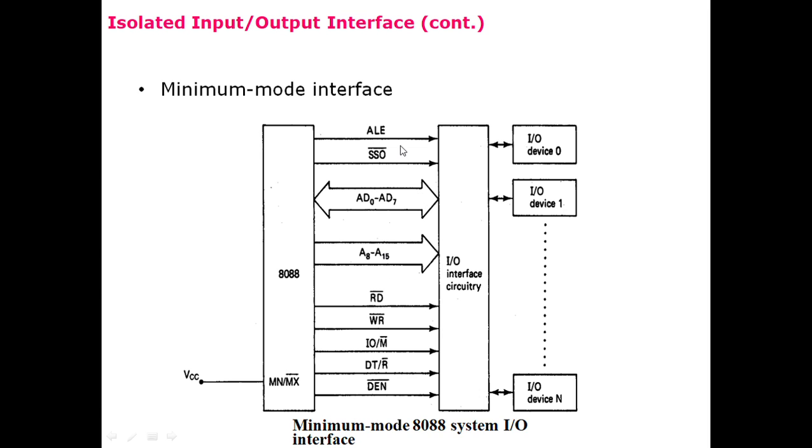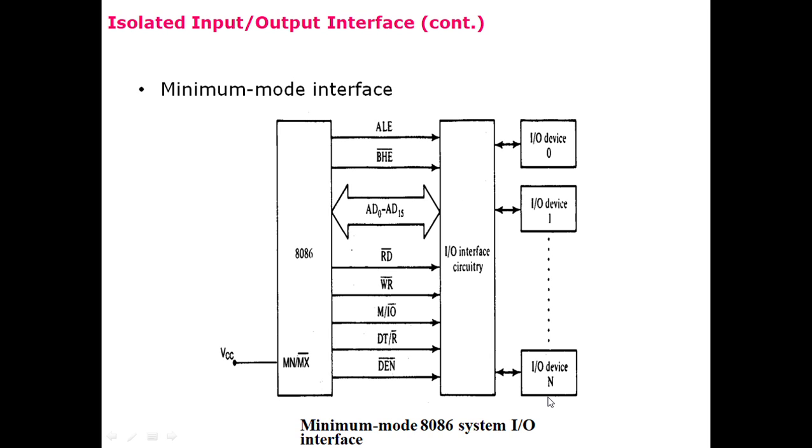All these data, address, and control signals are connected with input and output interface circuitry, and this circuitry may be composed of some decoders. With this circuitry, a number of input and output devices are connected.